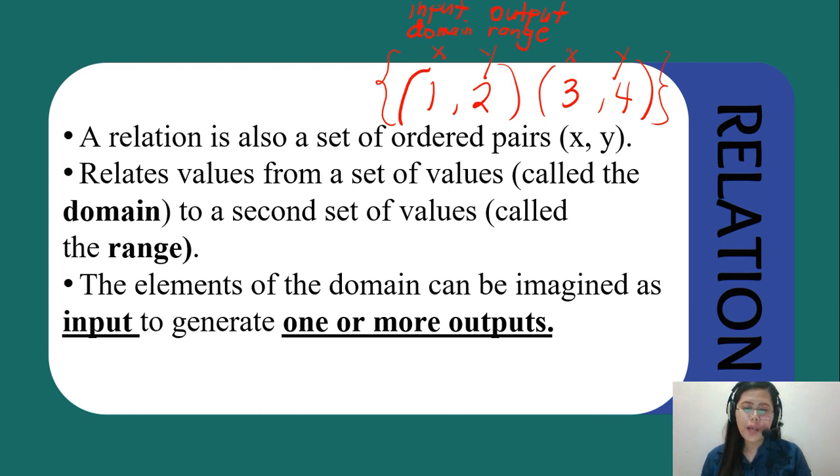Tandaan po, pag sinabing x, yan na din si domain, yan din si input. Pag sinabing y, yan si range, yan si output. Again, pag sinabi nating relation, set siya, so dapat may ganitong symbol. Set siya ng ordered pairs.